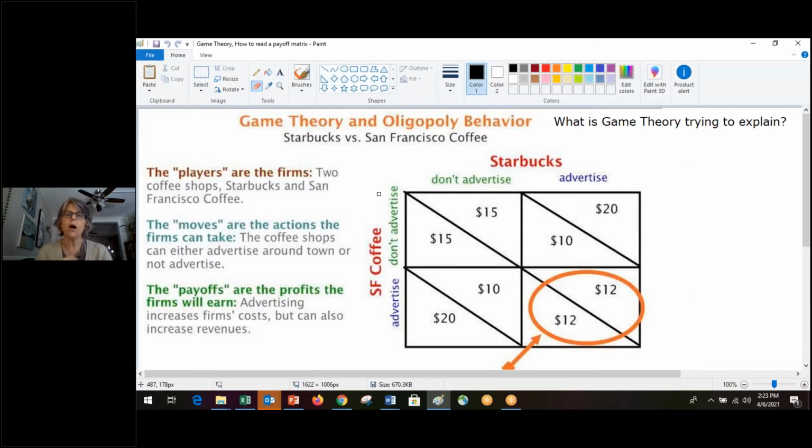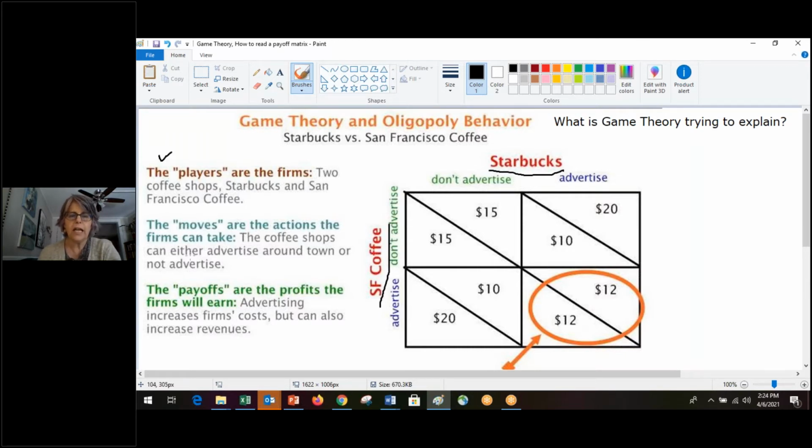So this is what your payoff matrix is going to look like in all oligopolistic industries, and I want to teach you how to read them. So this is two players. We have Starbucks, and we have San Francisco, or whoever that is, coffee. Two players right here.